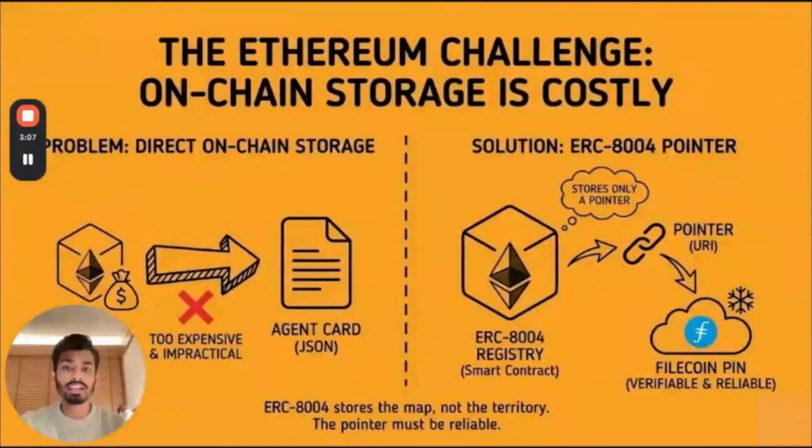If you use a regular web server, you have got a single point of failure. Server goes down, your agent identity breaks. If you use a traditional IPFS pinning service, you are trusting that service to keep your content around, and pinning services can drop content when economics change or companies pivot. But Filecoin Pin solves this by connecting IPFS to Filecoin on-chain cloud.